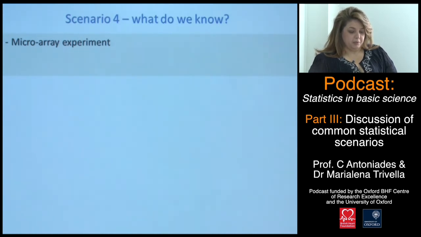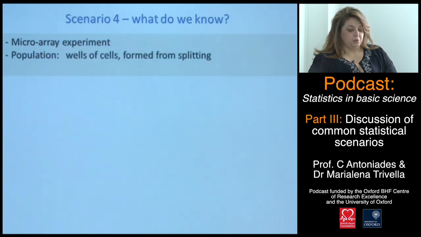In such an experiment, we're usually looking to see whether a type of treatment, generally speaking, has an effect in gene expression. So we will have a well of cells formed by splitting the main one. There are two ways to do this: a technical replicate and a biological replicate.